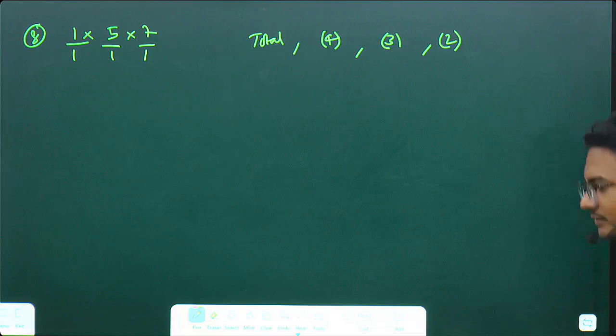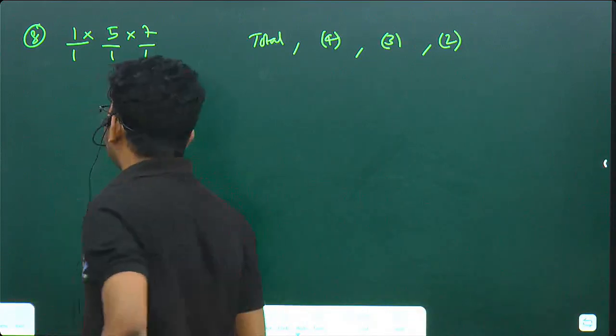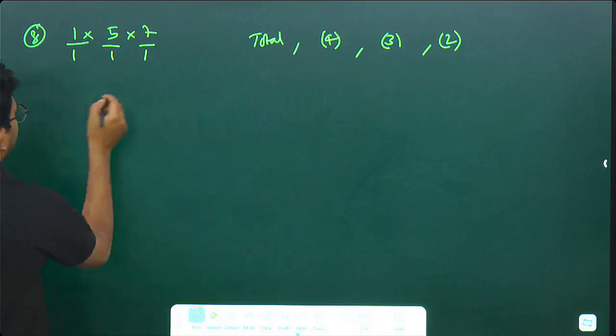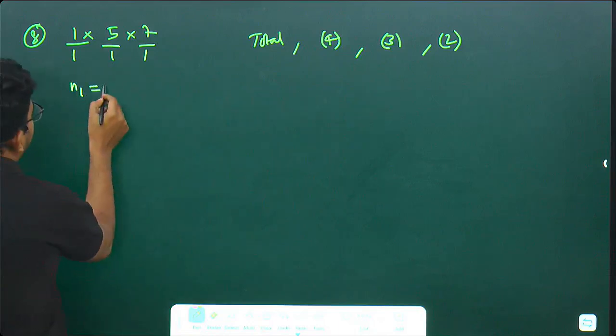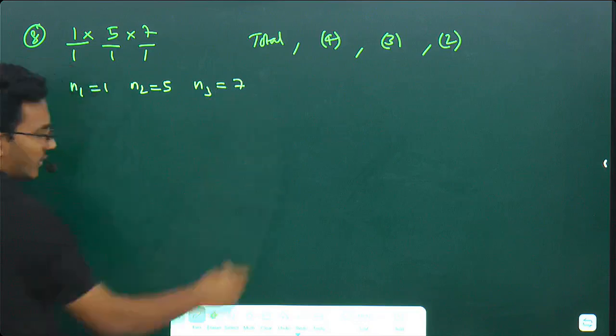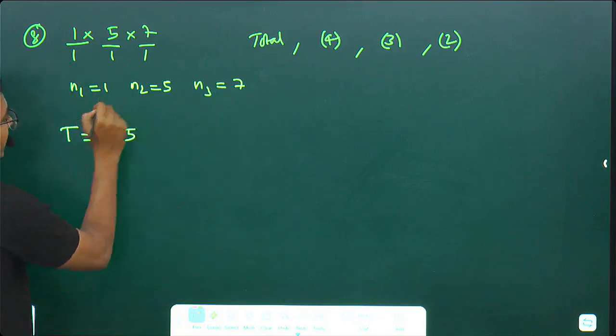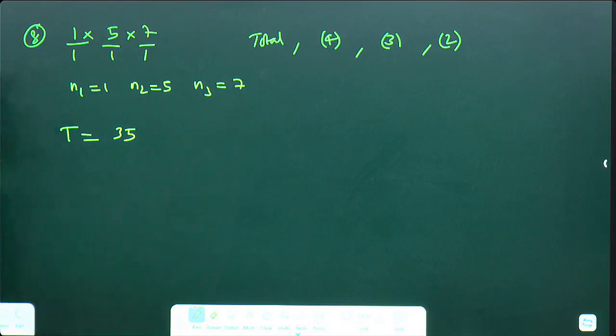Everybody got the answer? Yes? So let me try. Here N1 is 1, N2 is 5, N3 is 7. So total will be 1 into 5 into 7, which is 35.